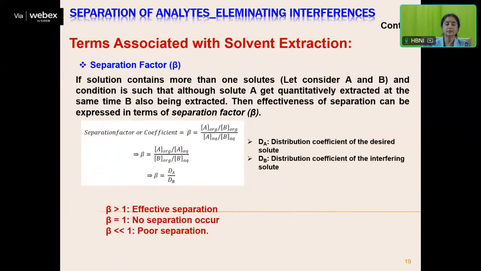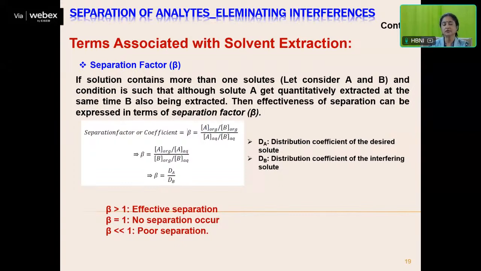There is another term called separation factor, because when you are using solvent extraction, there may be many elements in your sample. So while extracting or separating the analyte, it may be associated with some other element also in which you are not interested.